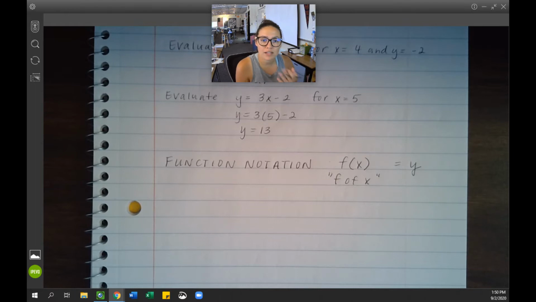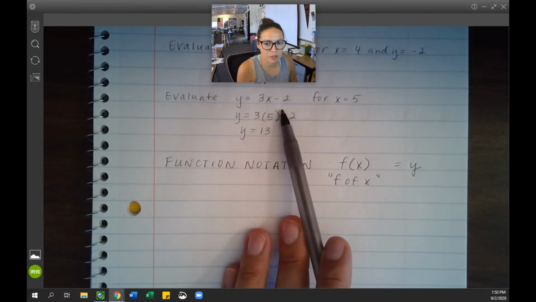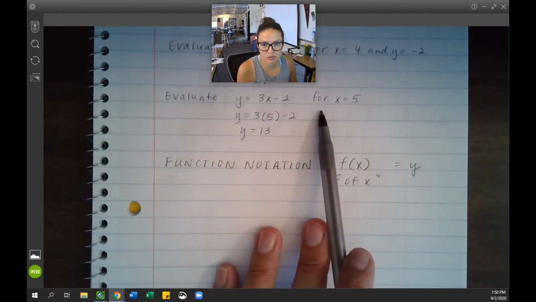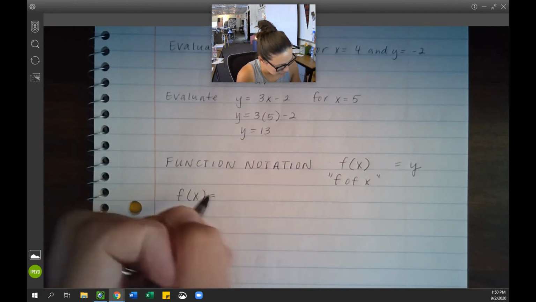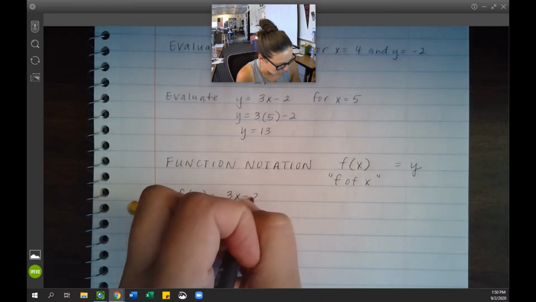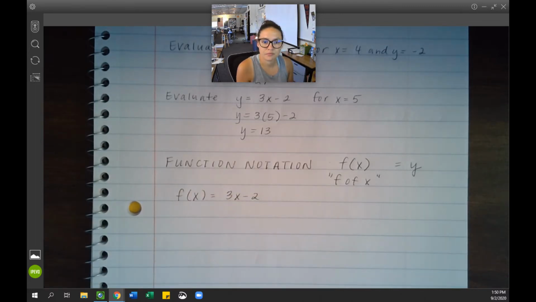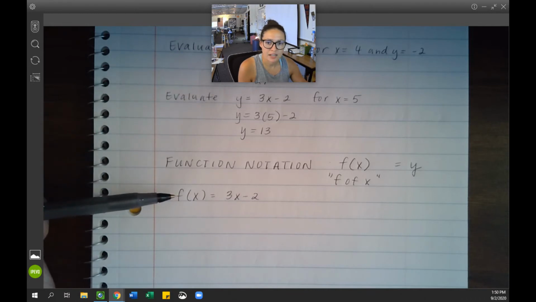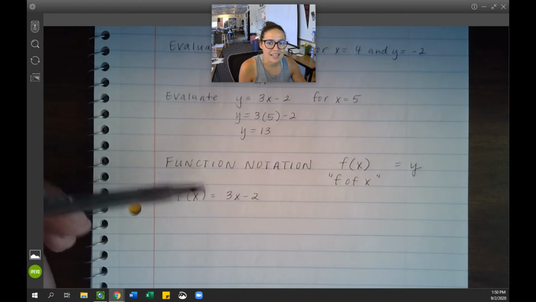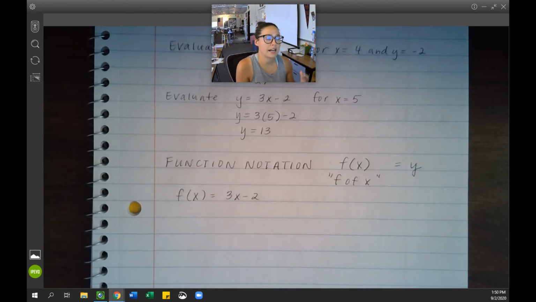So let's consider this same example up here. Instead of writing y equals 3x minus 2, I'm going to write f of x equals 3x minus 2. These two things are the same. Now you might be thinking, what's the point of this? This is just an easier way of representing the information.